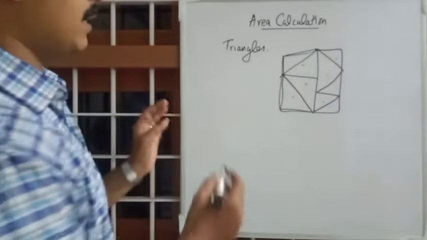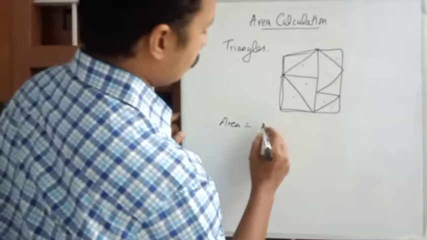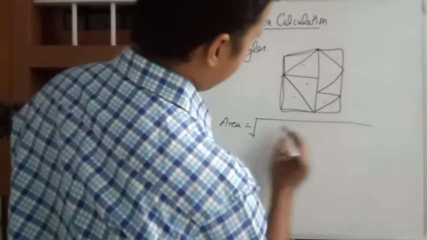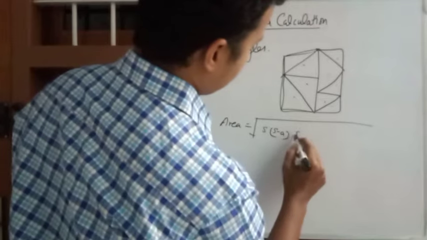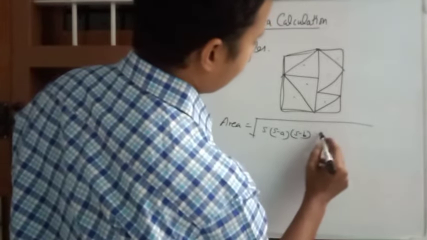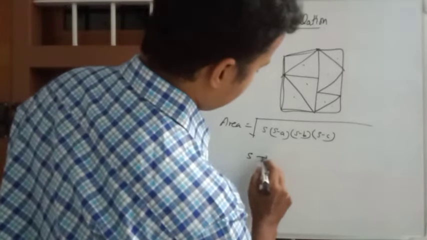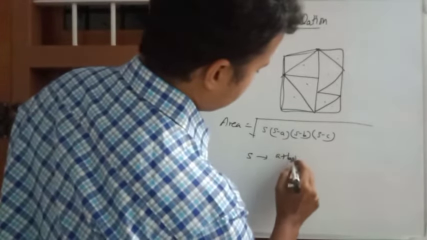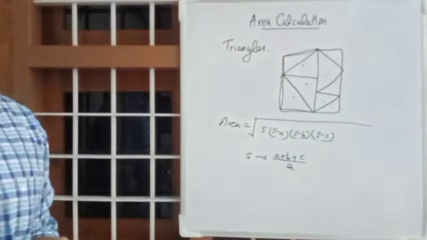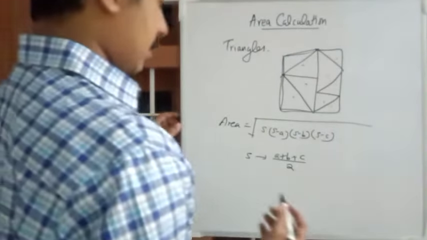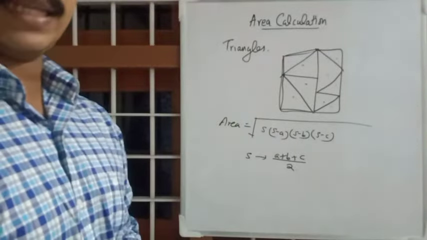We know how to find areas of triangles: area is equal to root of s into s minus a, s minus b, s minus c, where s is a plus b plus c divided by 2. And we have many other methods like this.